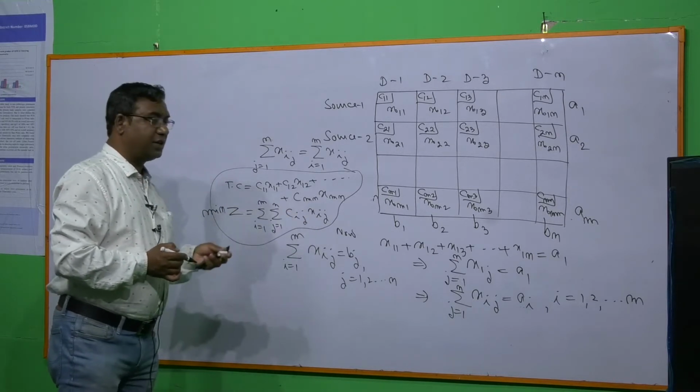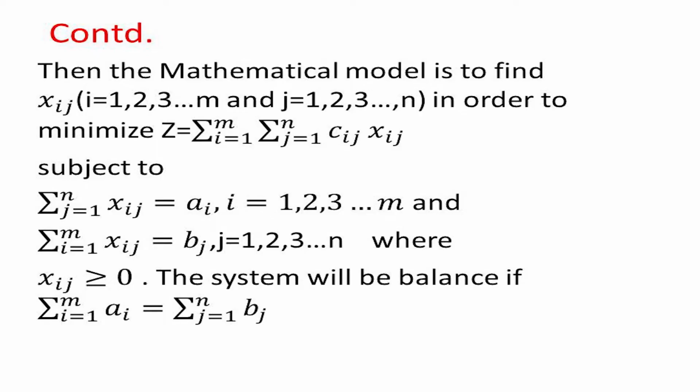This is the objective function, subject to summation j goes from 1 to n, Xij equal to Ai. This is the total supply. Then summation i goes from 1 to m, Xij equal to Bj. This is the total demand. Xij is greater than or equal to 0. The system will be balanced if total supply is equal to total demand. This is the mathematical model for a transportation problem.